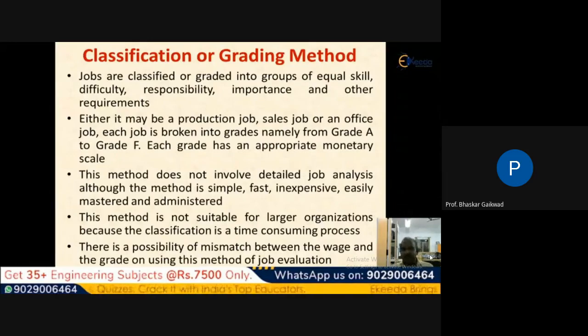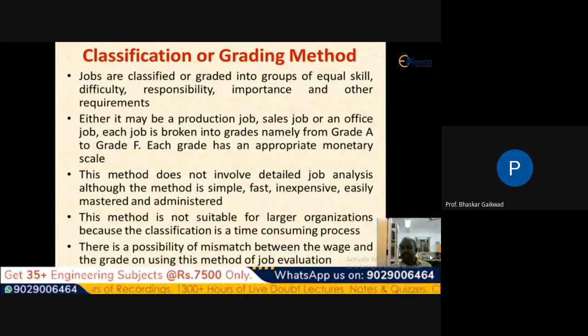So I can divide into a number of grades. Whether it is a production job, sales, or office job, anything can be divided into a number of grades. For example, I have given grade A to grade F. I can fix what benefit grade A is going to get, what grade B is going to get.